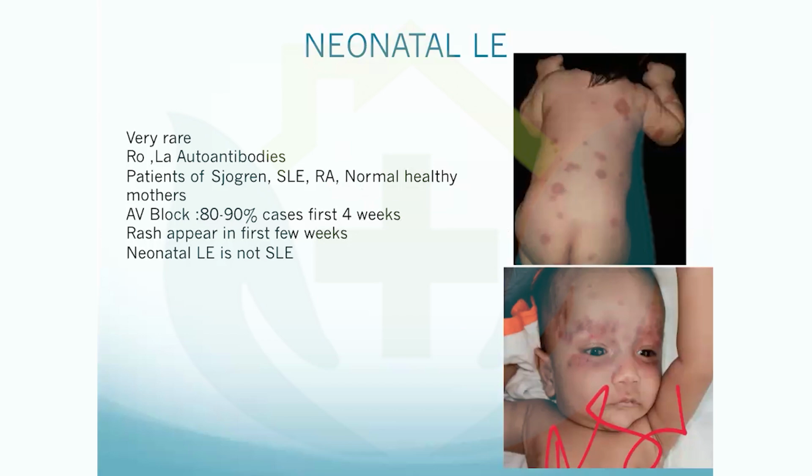The main problem with this baby is that 80 to 90% have AV block within the first 4 weeks. So it's important that you diagnose babies presenting with rash over the face, photo-exposed areas, as well as covered areas. It's important to diagnose them early and treat if they have any carditis. And remember, neonatal LE is not SLE.